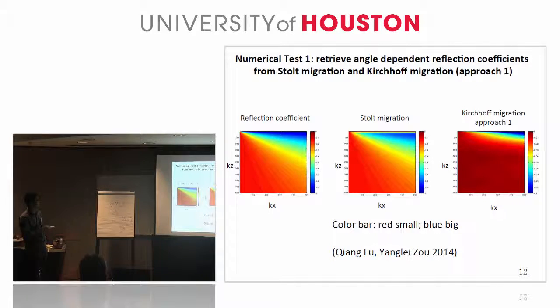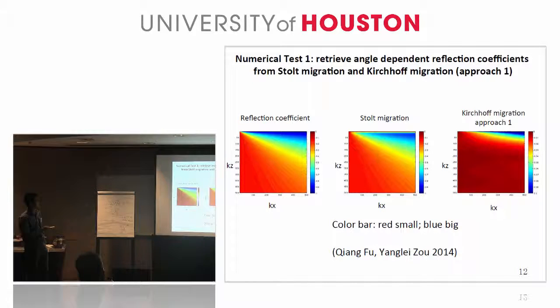And here, the angle for the reflection coefficient is determined by kx and kz, which are the horizontal and the vertical wave number. The different colors represent the different reflection coefficient. Red shows the small reflection coefficient, and blue shows the big reflection coefficient.